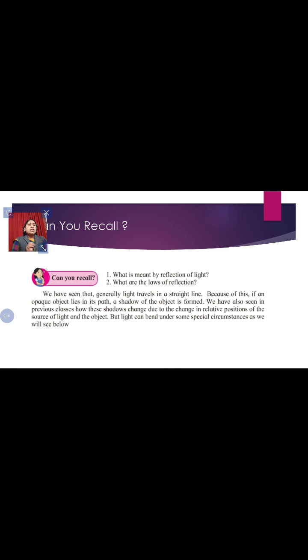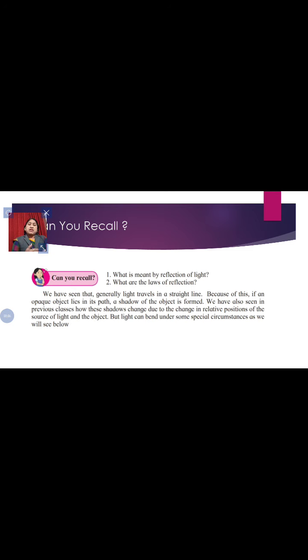We have also seen in the previous classes how these shadows change due to the change in relative positions of the source of light and the object. But the light can bend under some special circumstances, as we will see below.